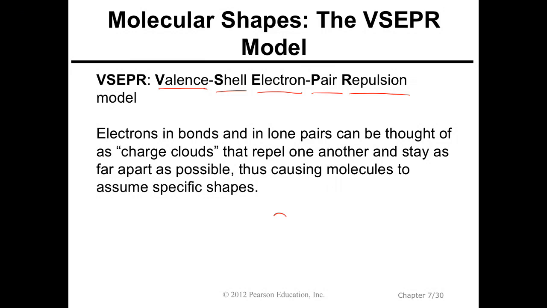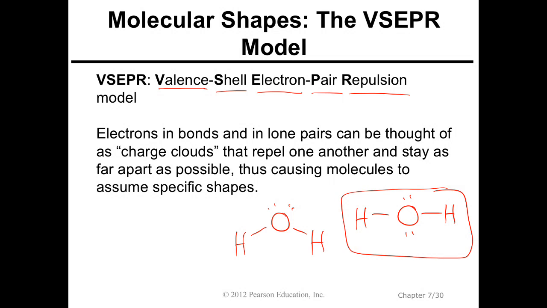For instance, if we look at water's Lewis structure, a Lewis structure is kind of cool like that, where we have a linear-looking molecule. What happens is the electrons in this lone pair will repel electrons that are in this bond.